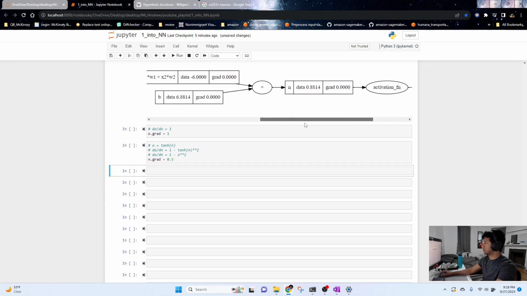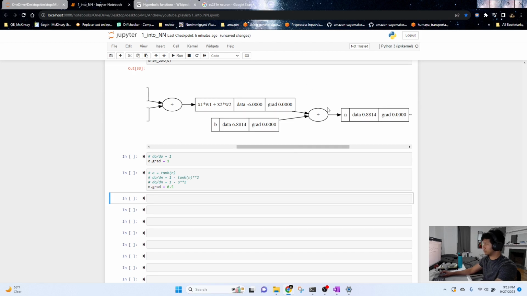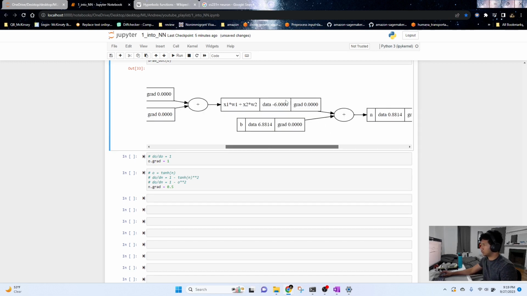Once this is done, we need to take a step back. If we recall from our previous lectures, when we have summation in between, the derivative just goes a layer back. That means whatever gradient n has, it will be the same for these two nodes, for this bias and weights, because there's a positive symbol here, right?